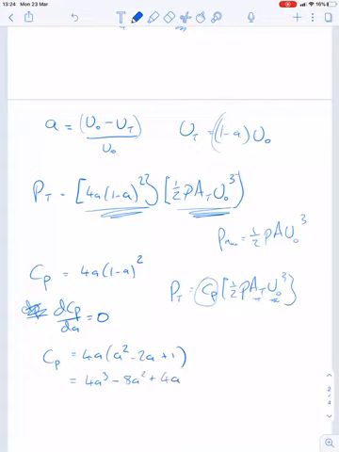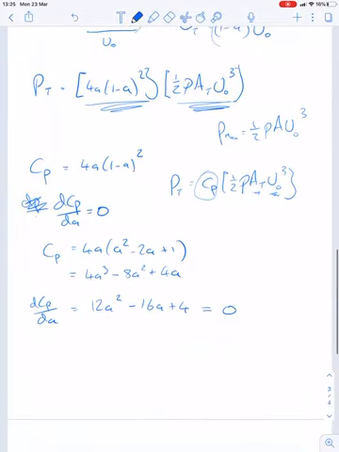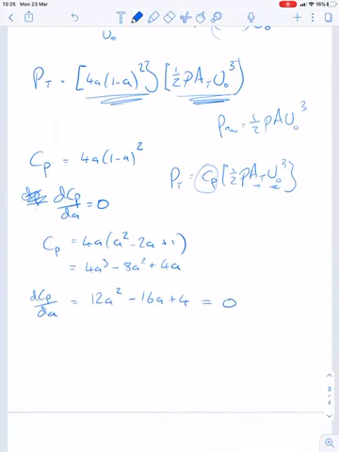So then if we do dCP by dA, this gives us 12A squared minus 16A plus 4. And we set this to 0, and when we solve this, this means that A equals either 1 or 1 over 3.